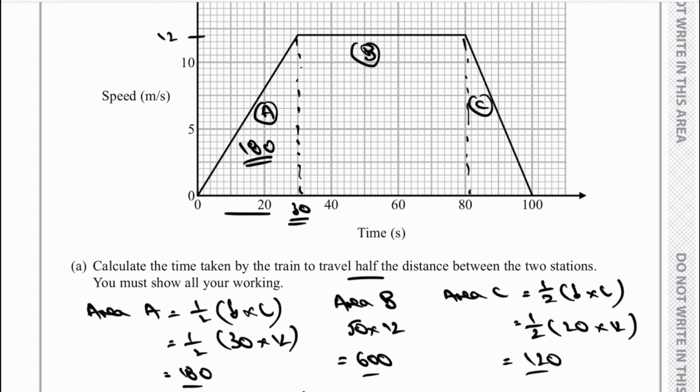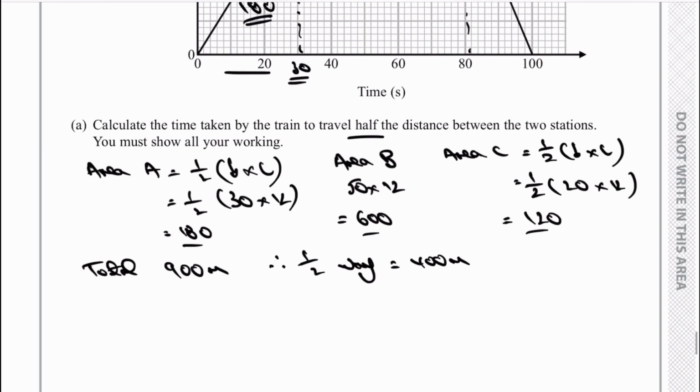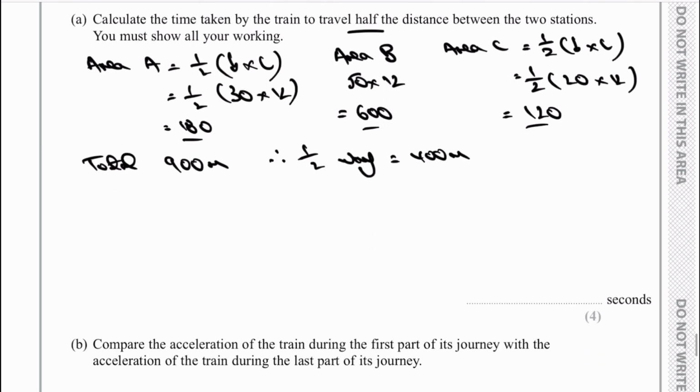So therefore the time for the first 180 meters is going to be 30 seconds. So first 180 meters is going to equal a time of 30 seconds.